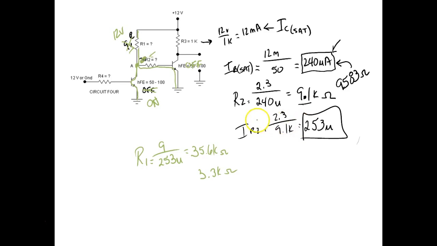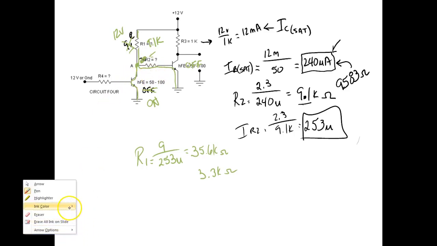Well, we got this resistor right here. We calculated R1, right? You understand? And we're using a 9.1K. How much current would flow for 9.1K? Oh, I'm sorry. What's R1? Okay, thank you.